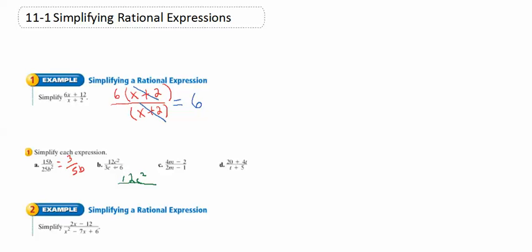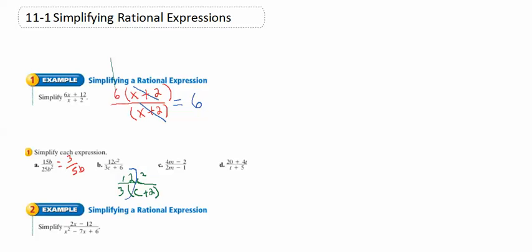But at the bottom, do 3c and 6 have something in common? They both have a 3. So I have c plus 2. Okay, now, the c's can't cancel because this is a quantity.